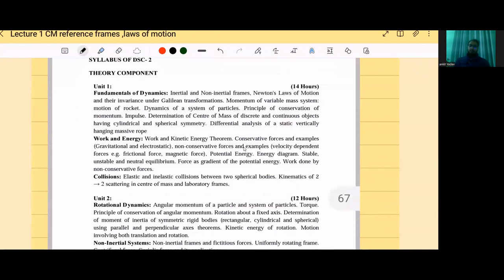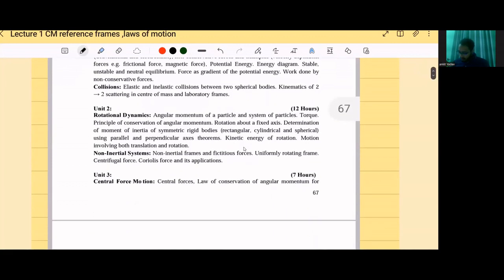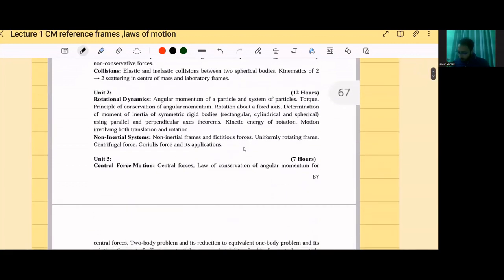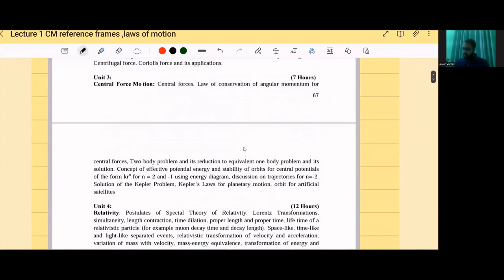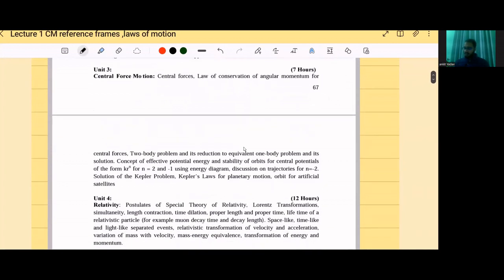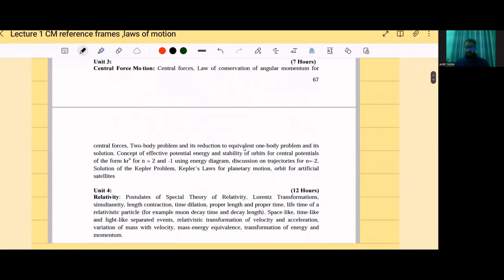And then afterwards we will move on to work and kinetic energy theorems and collisions and elastic collisions. In the second unit, as you can see from here, we are going to move on to rotational dynamics, and in the third unit we are going to deal with central force motion, Kepler's laws, planets revolving around the sun, and other central force systems.